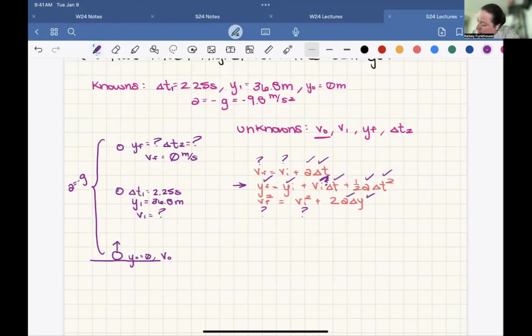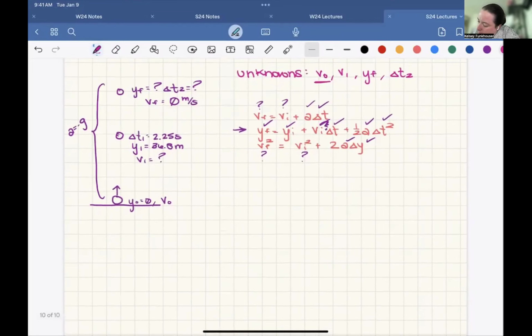Okay, so let's use the long kinematics equation. Y final equals y initial plus v initial delta t plus 1/2 a delta t squared. I'll do my favorite part, which is y initial equals 0. Also, apologies for going between y naught and y initial.